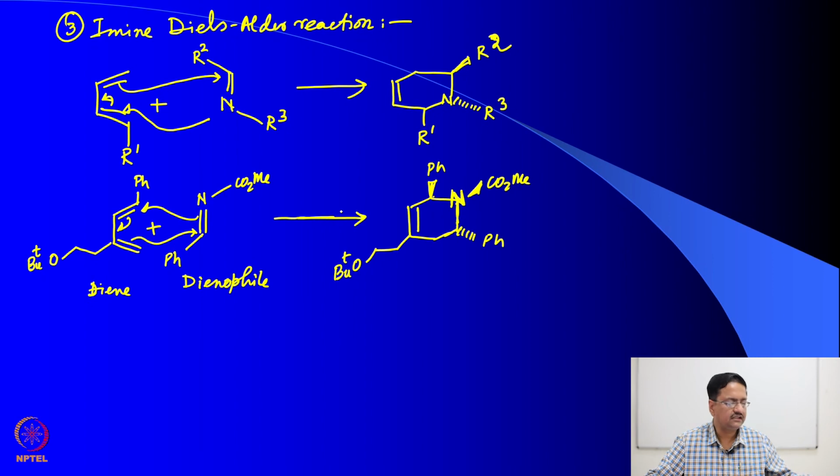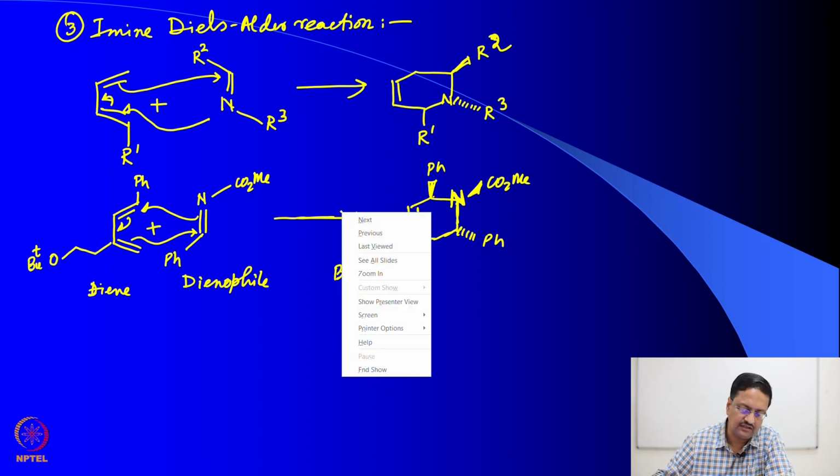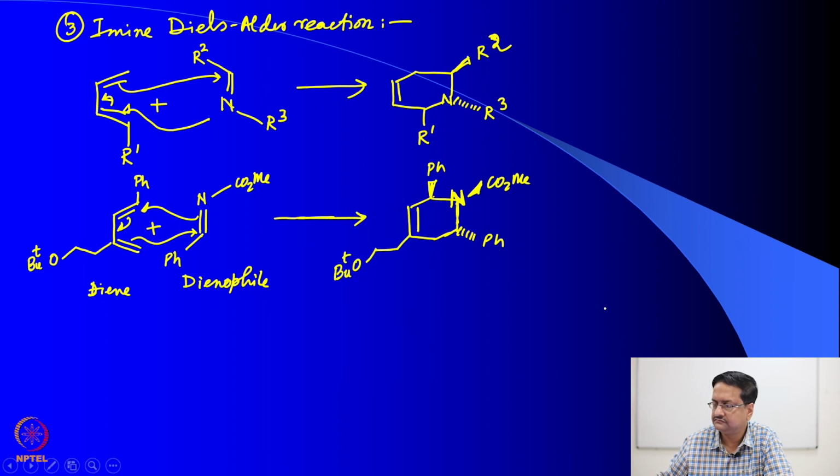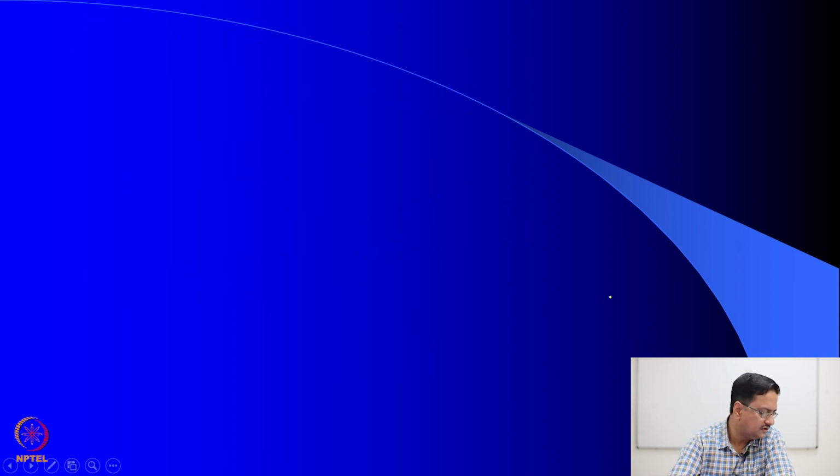Before closing this discussion, let us try to solve a couple of problems that I have already given to you in the beginning of this lecture. So, let us try to take the example number 4.